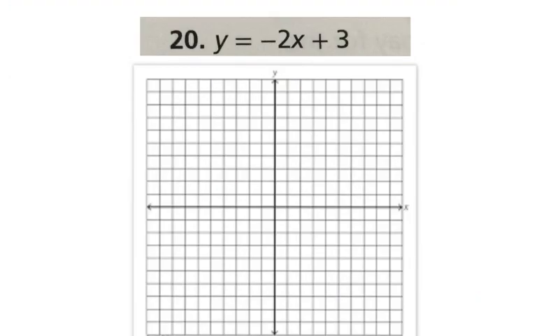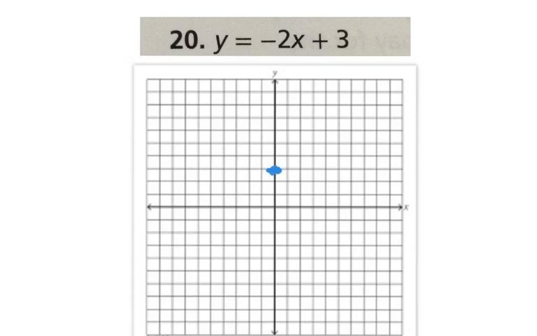So if I had to graph this one, first thing I'm checking, am I in slope-intercept form? Y equals mx plus b. Yes, it's in slope-intercept form. So if I need to graph this, where do I begin? Begin on the y-axis. The y-intercept is 3. So I plot my point at 3.